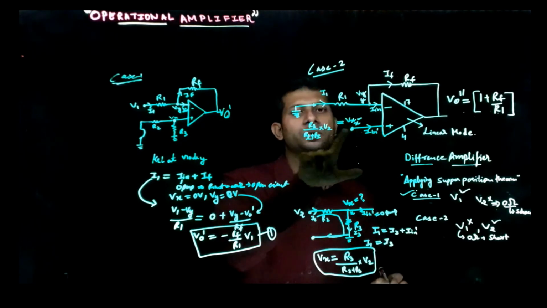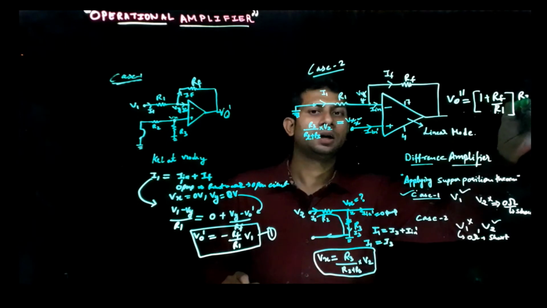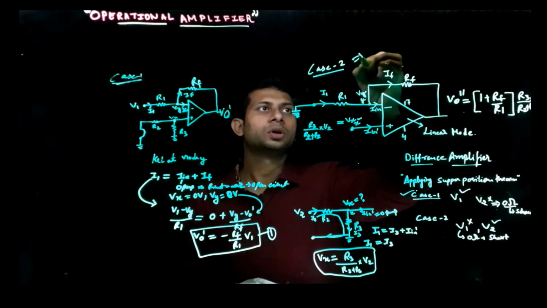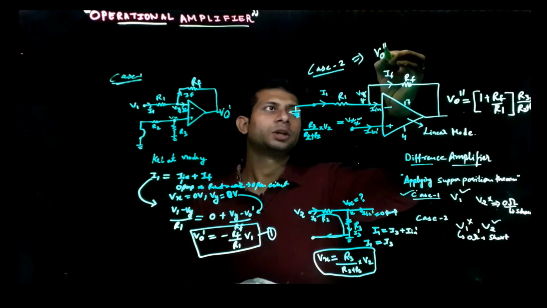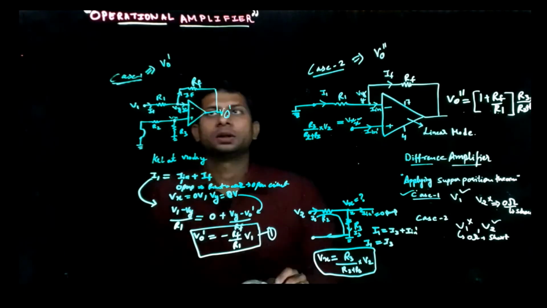And what is the value of the voltage? It is R3 divided by R2 plus R3 times V2. The output of case 2 is V0 double dash, and the output of case 1 is V0 single dash.